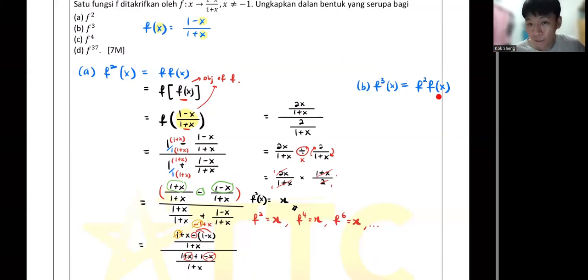So you can split into f squared and f. So continue, split f squared bracket f. Now I think we can sub it in already. f x is the object, right? So sub in the f x here.